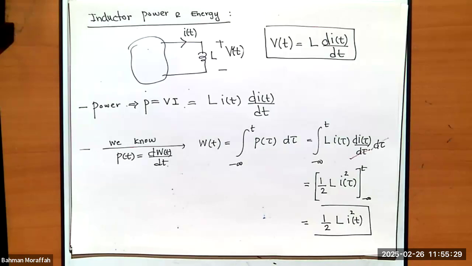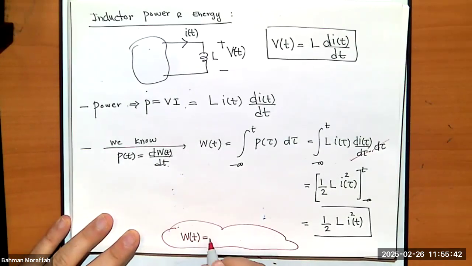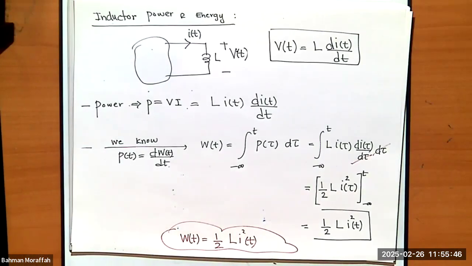No? Yes. That's w(t). So let me quickly write it over here. w(t) equals half L i squared(t). I can compute it at any given time t.